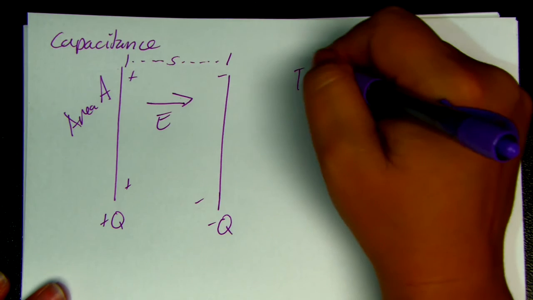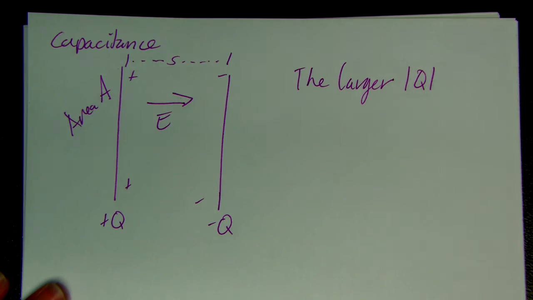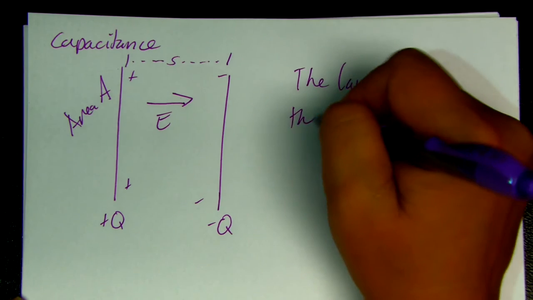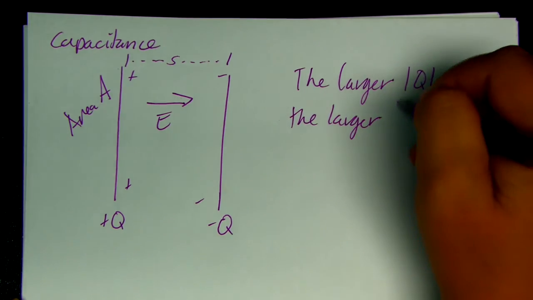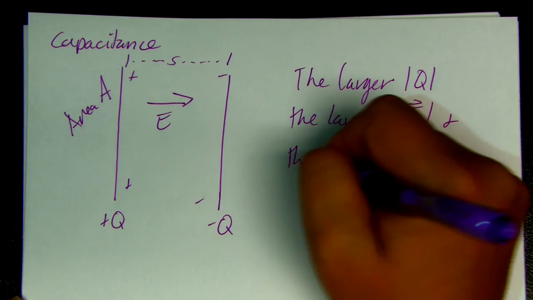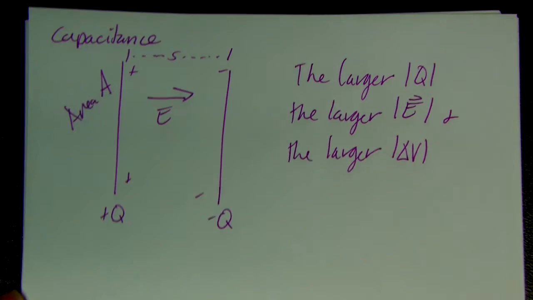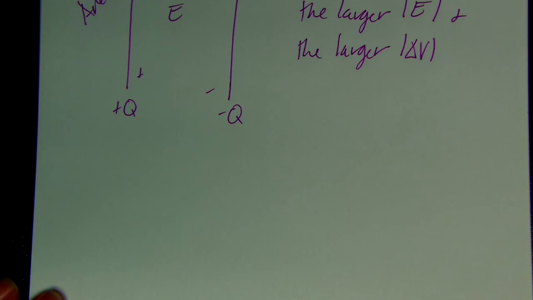So we know the larger the magnitude of the charge, the larger the magnitude of the electric field, and the larger the delta V. So these all have a one-to-one relationship.